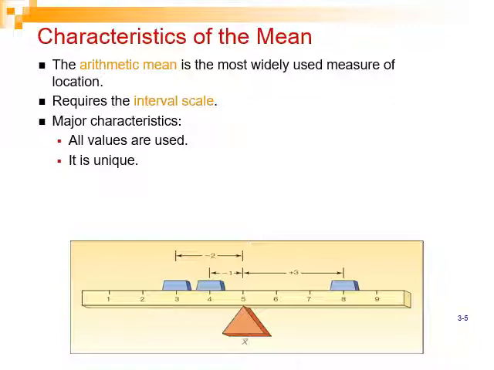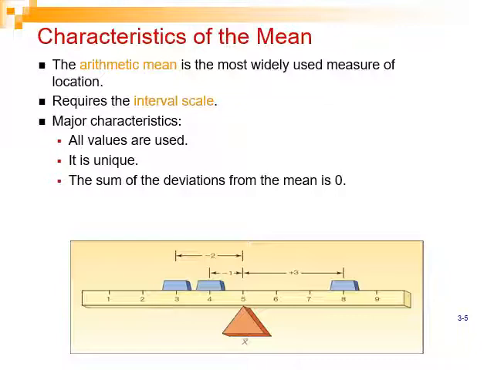The mean is unique. This means that we have only one mean. After calculations you have only one result. Number 3, the sum of the deviations from the mean is 0.